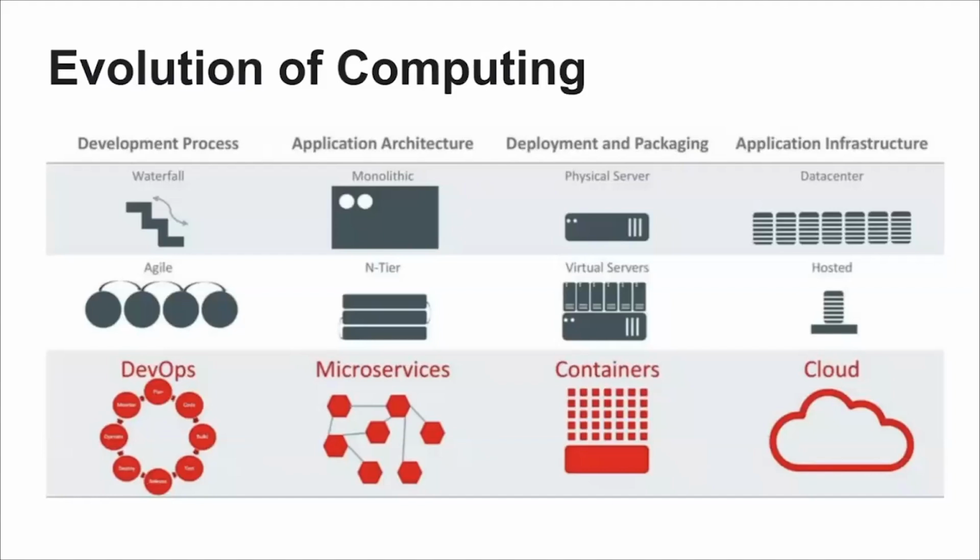If we talk about application architecture, in old times it was fully monolithic. What monolithic means is that you have a single code base, one big application having all the code for the business logic, the operations, and everything. So it is a single package.